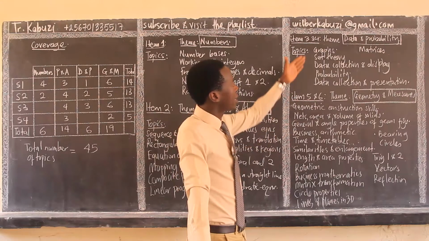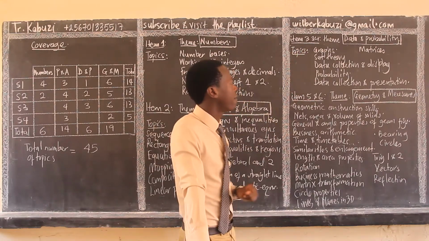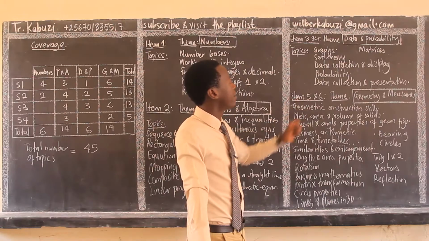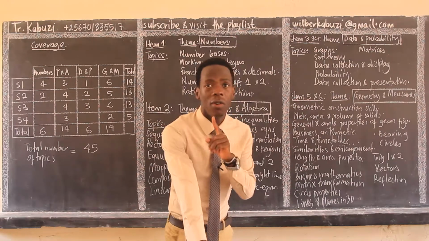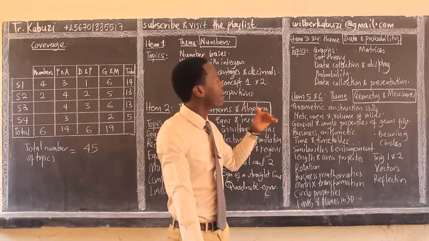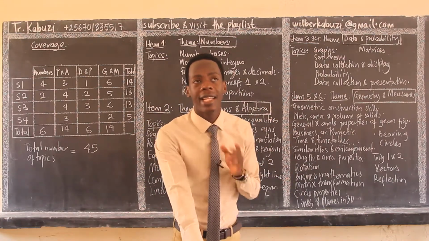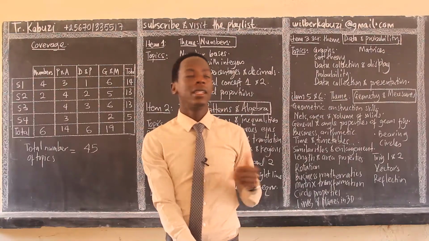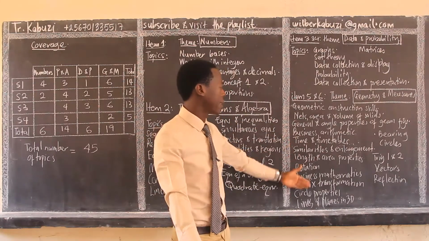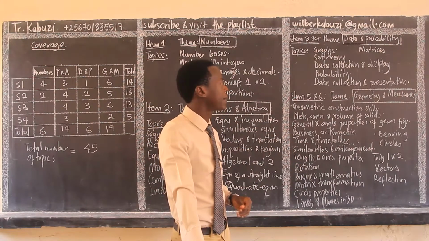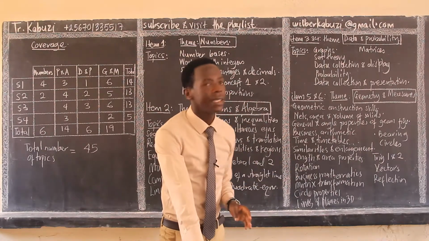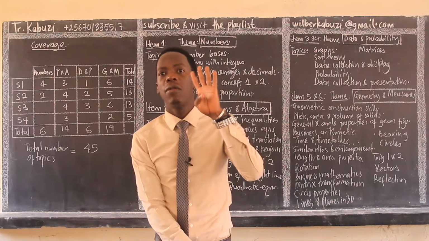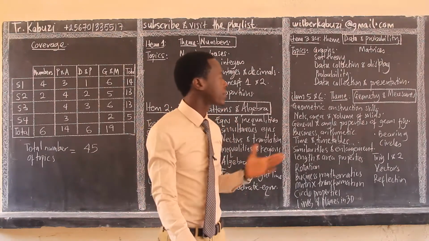These are the topics in data and probability. They are very clear. Then when you come to items 5 and 6, also a candidate is supposed to take only one. Here we have the widest theme because it has 19 topics. So a candidate is supposed to pick one from here, meaning a candidate is supposed to do 4 items in total.